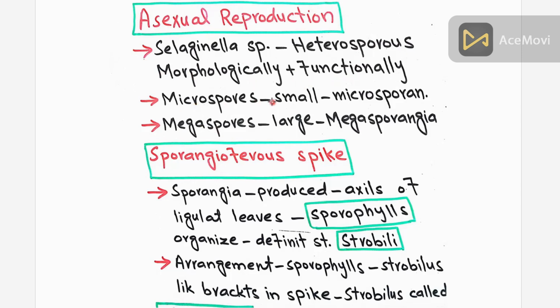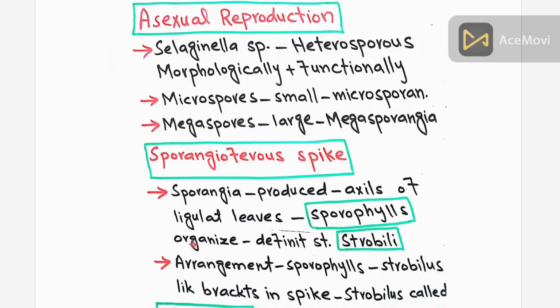The microspores are smaller in size and produced in microsporangia, while the megaspores are larger in size and produced in megasporangia. What is a sporangiferous spike? The sporangia are produced in the axils of ligulate leaves called sporophylls.